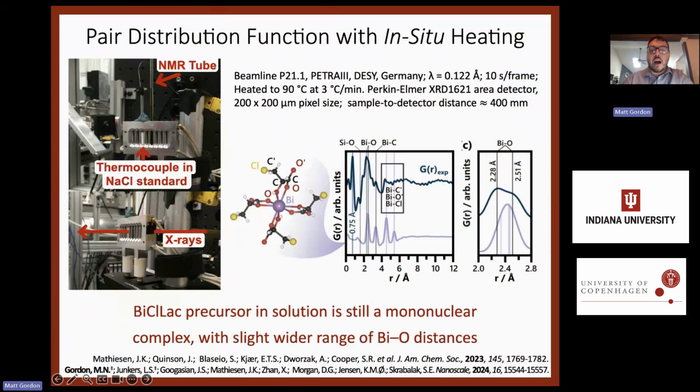Our precursor, this was our experimentally collected data in dark blue, and in purple was our calculated data. The calculation shows that we should have these humps here corresponding to the different bismuth-oxygen, bismuth-chloride distances, and so on.